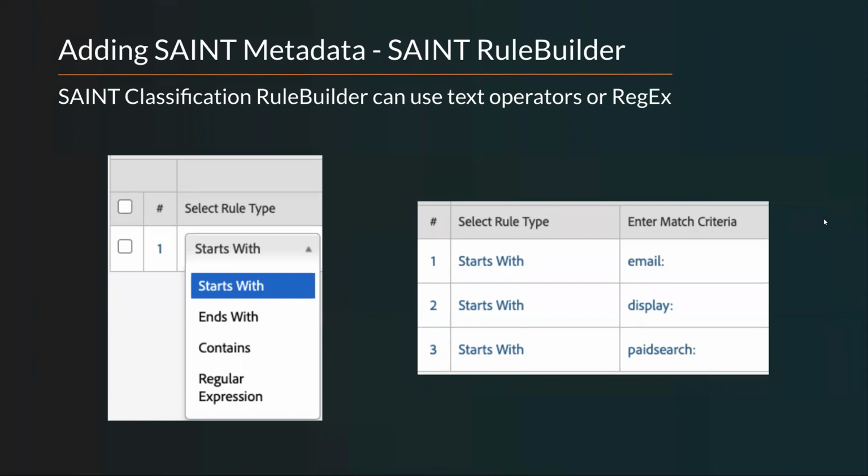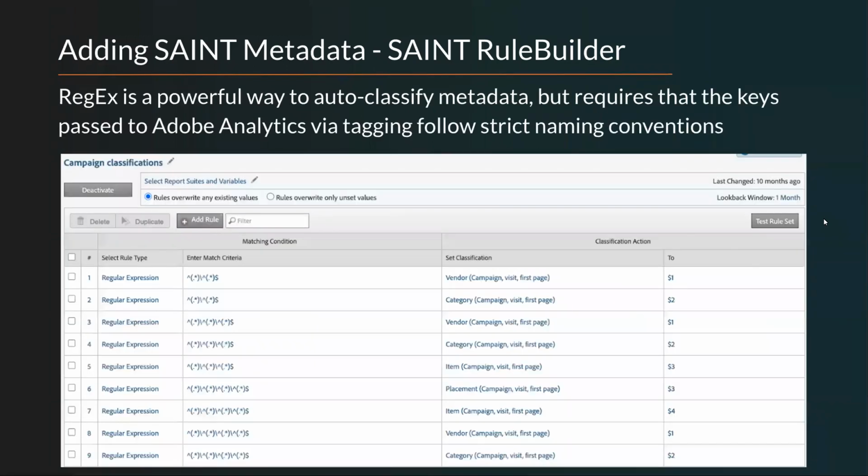So for example, row 1 we would put into the channel of email, and then 2 would be display, and 3 would be paid search. The other way that you can use Rule Builder is using regex, and this is a slightly modified version of regex. But what you can do is read the guidelines of how regex works, and you could set up these expressions to basically parse the values that are passed into the key and then automatically classify.